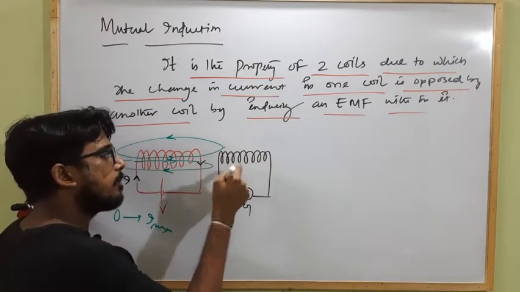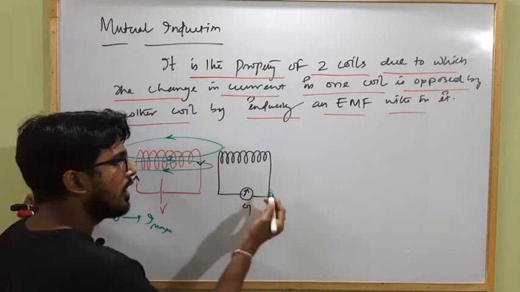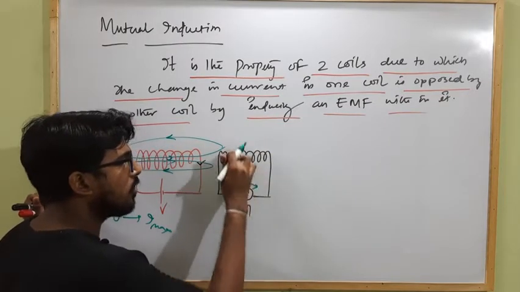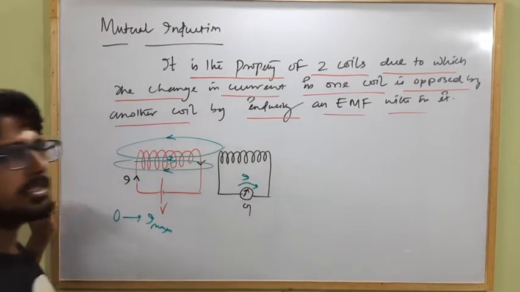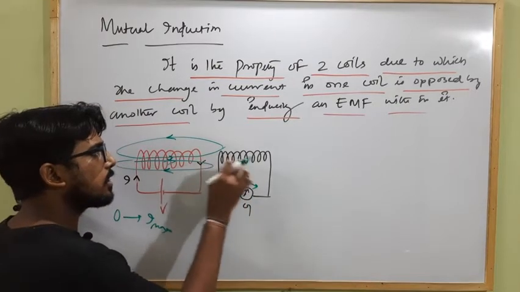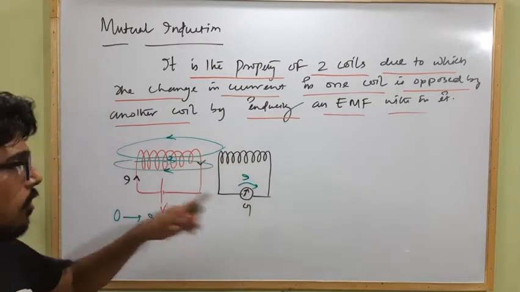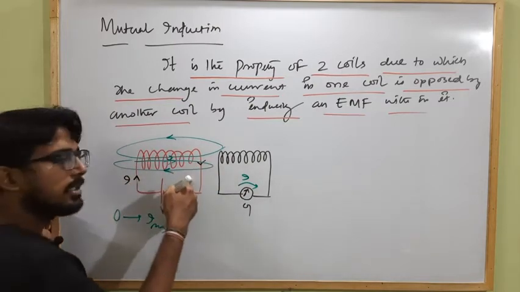So the EMF induced within this coil, as this coil is a closed circuit, shows some deflection, because due to the induced EMF, an induced current starts flowing through this coil, and it will flow in such a way that it opposes the cause, and the cause of this induced current is the current in the first coil.